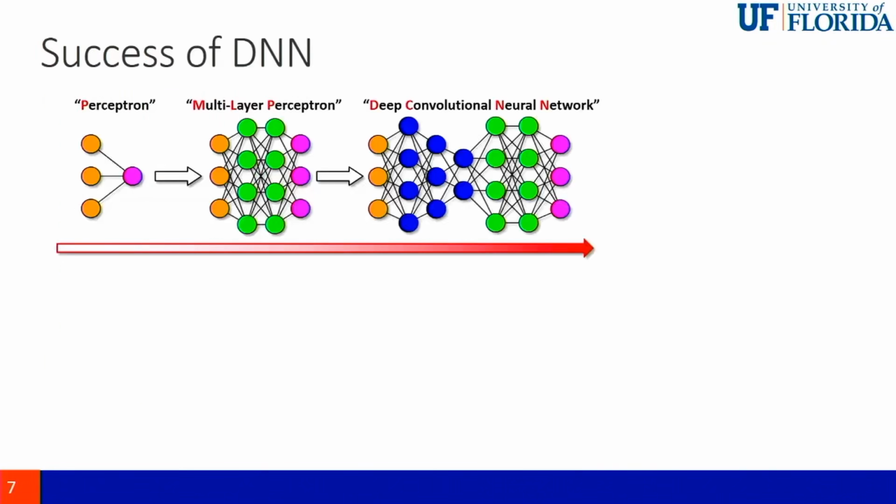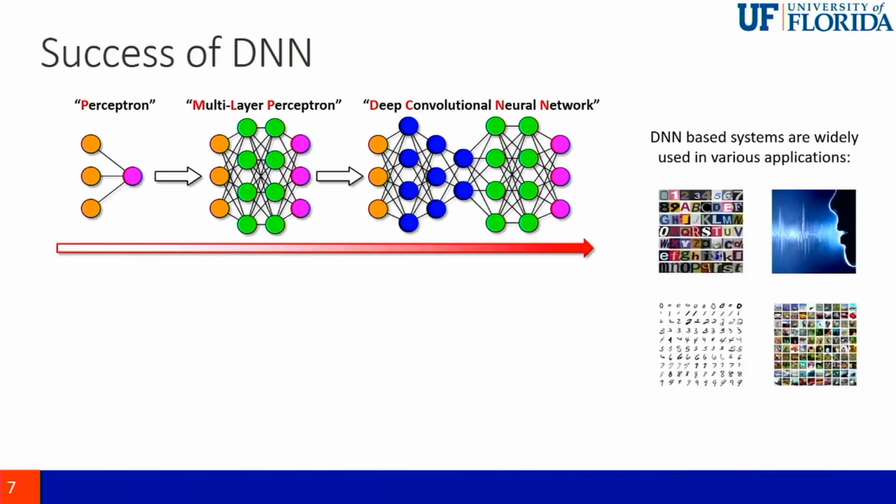First, deep neural networks have been quite popular these days, and they have become deeper and deeper. In the original implementation, we had one layer, then multi-layer, and now we have deep convolutional neural networks. The neural network is nothing new. It's been there for decades.